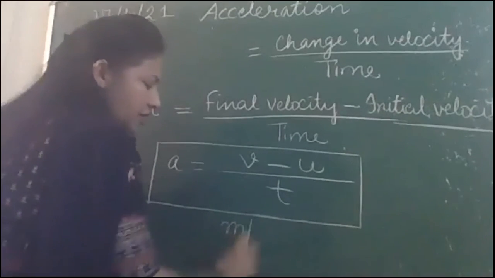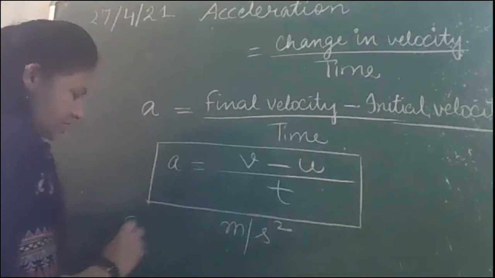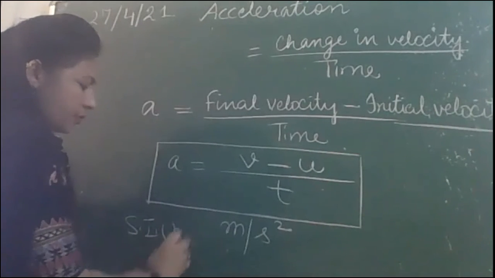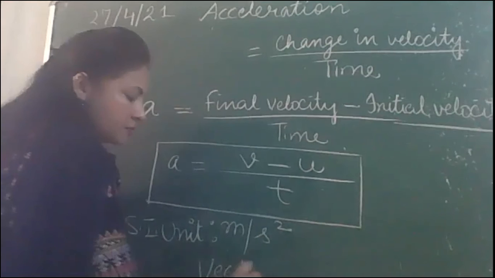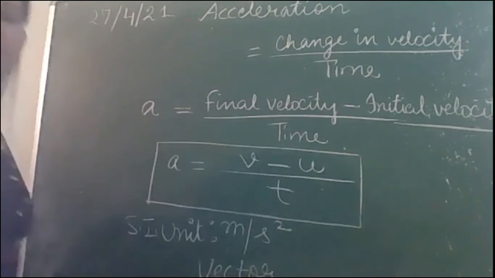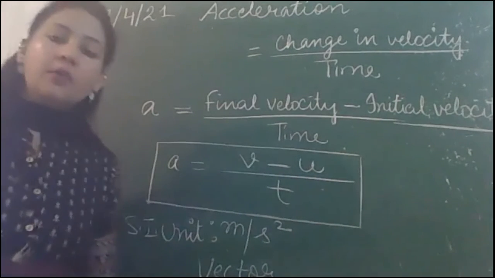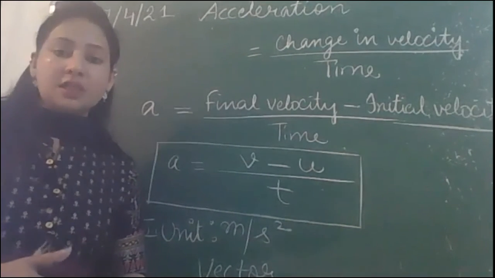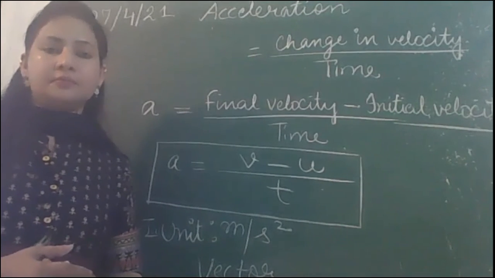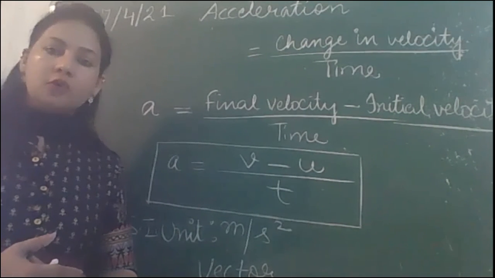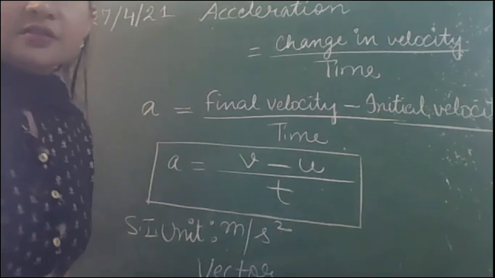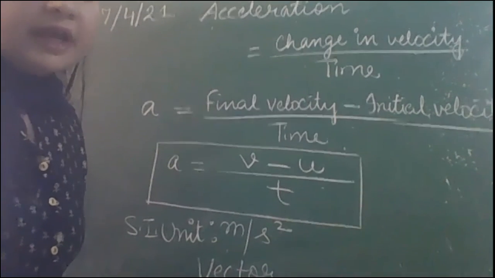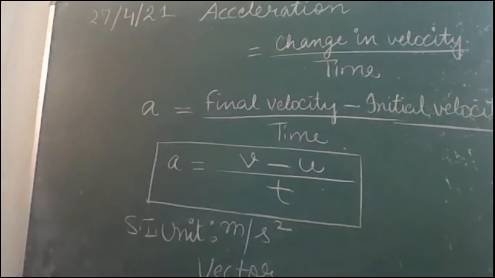Standard unit of acceleration is meter per second square. And it is a vector quantity because it depends upon velocity, which is a vector quantity. All right, students.